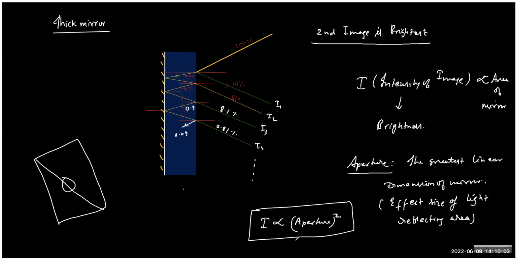So the light which can go through it is through the area pi r square. So it's the effective area on which light is entering or hitting the surface. If that area changes, the image intensity will change.